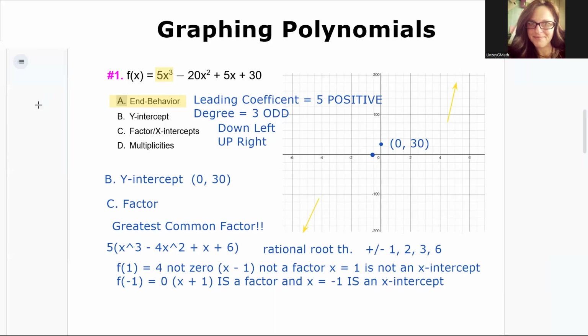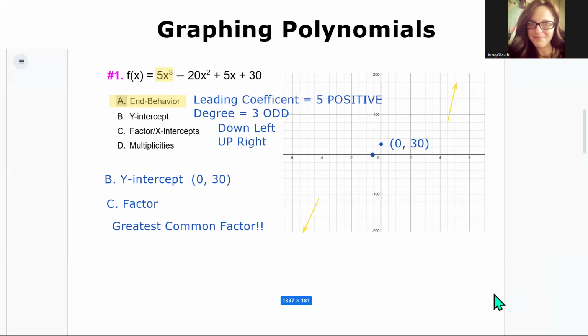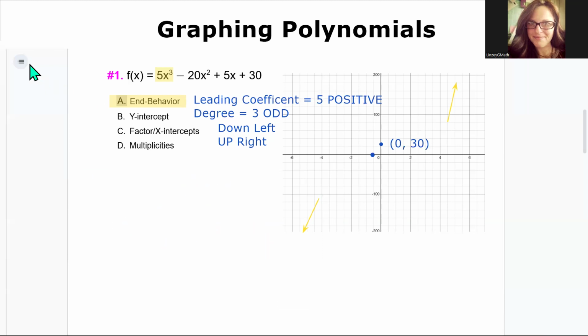And then I'm going to use synthetic division to divide out. You can use our x-intercept to divide out. Using synthetic division, we'll divide out the root negative 1.